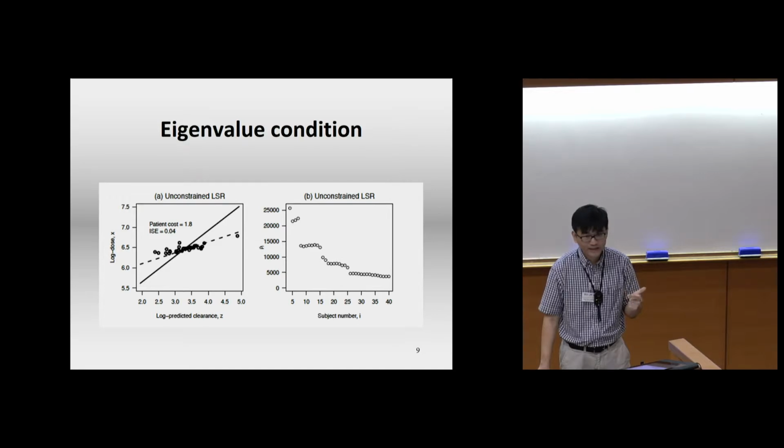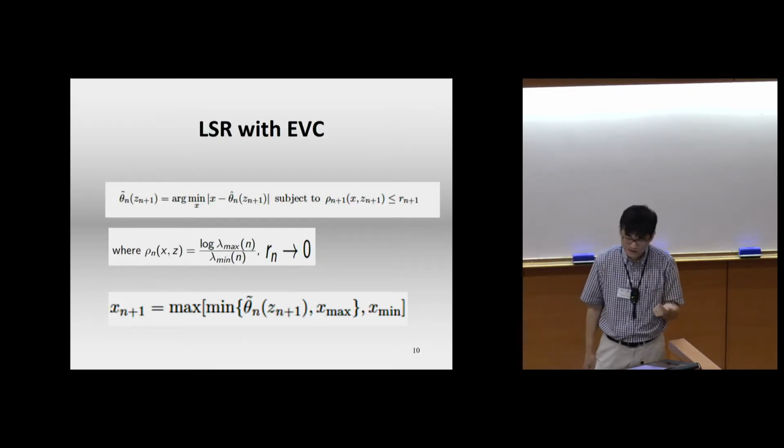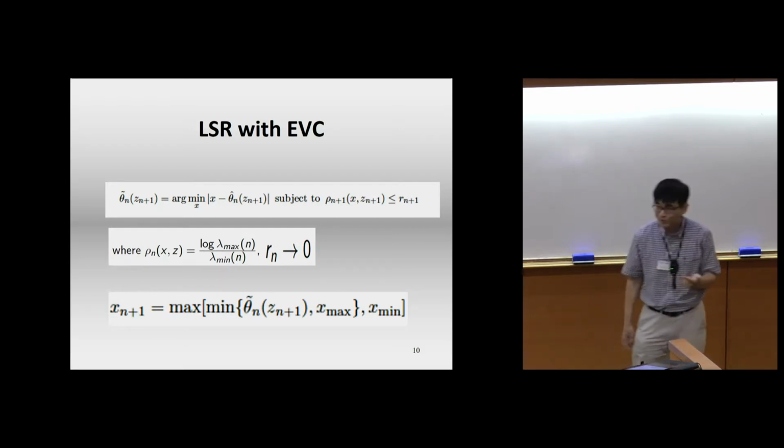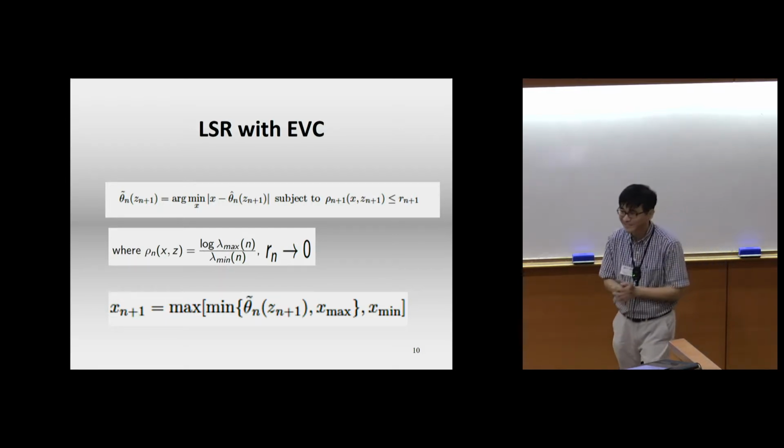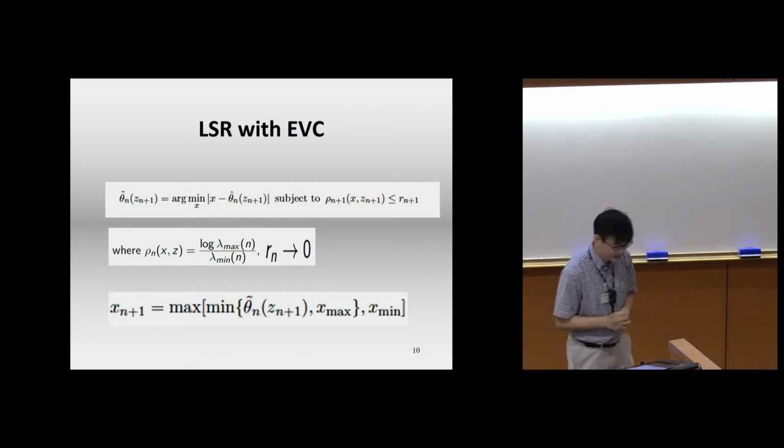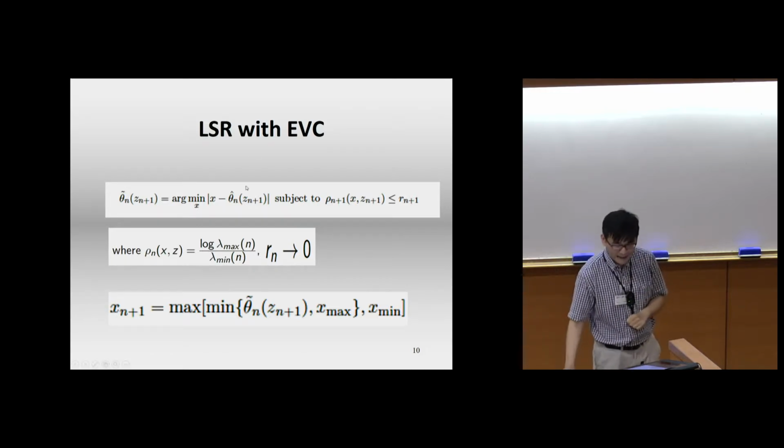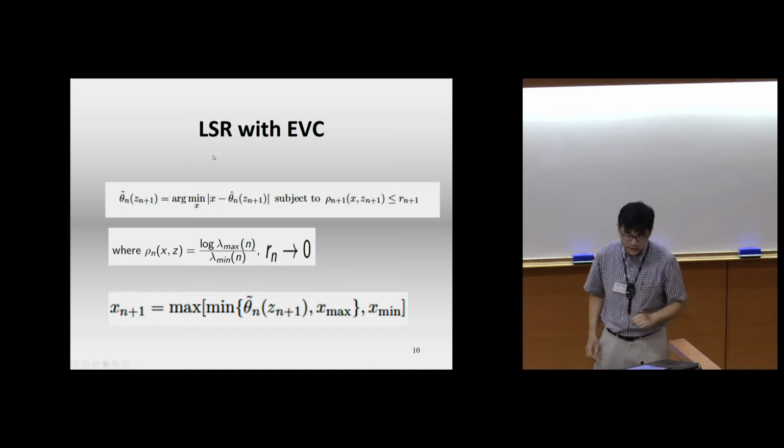So the way that I propose to fix this is to just force the consistency condition to be true, so that I don't even need to prove consistency. So that's the method that I try to propose. I'm going to apply this condition, or now it becomes a constraint, not a condition. So I'm going to apply the eigenvalue constraint onto the least square recursion.